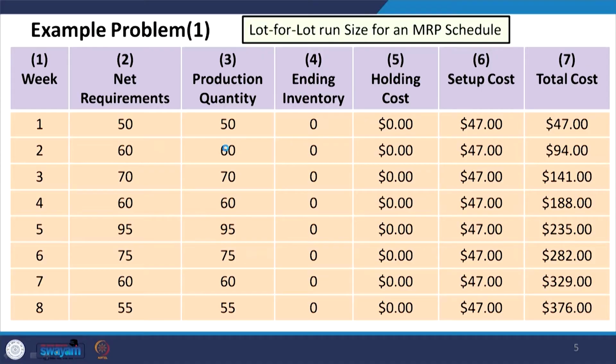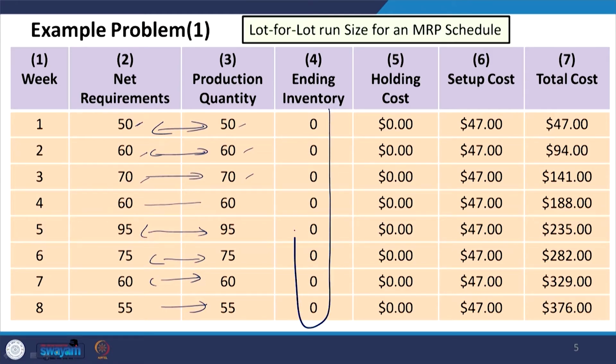Now, let us see how this lot sizing is going to happen when we have lot for lot. I am just taking a particular section of our discussion. The net requirement in a particular week is 50 units. So, your production quantity is 50, here it is 60, here it is 70. Whatever quantities are required in the second column are the same in the third, and therefore, every time your ending inventory is 0.